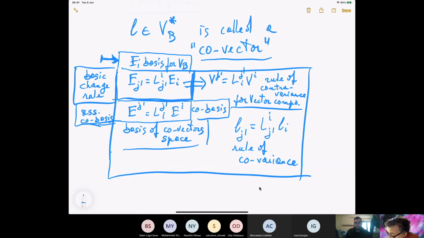And we have proven carefully that you have a basis of the covector space in this way. Then you write the change of variables for the covectors. So this is the rule of covariance for covectors components.